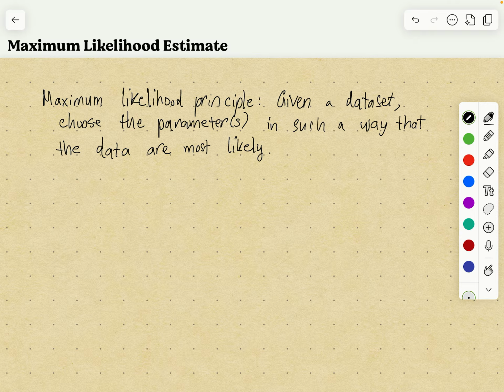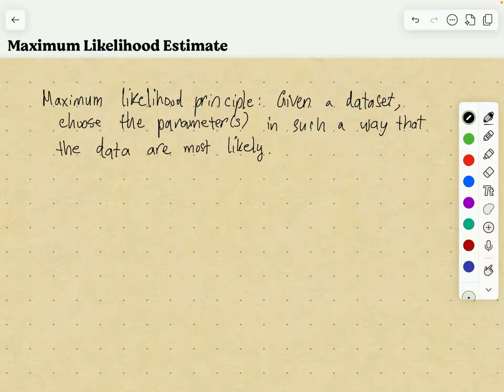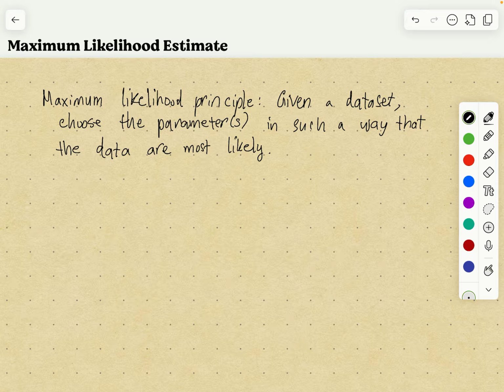So, for instance, let's think about how we can turn this into a math problem that you can solve.